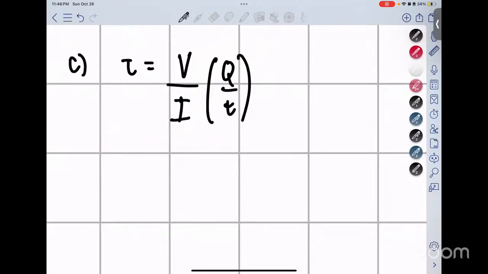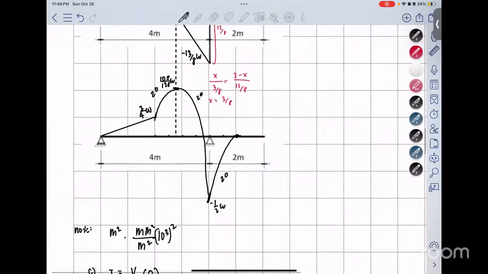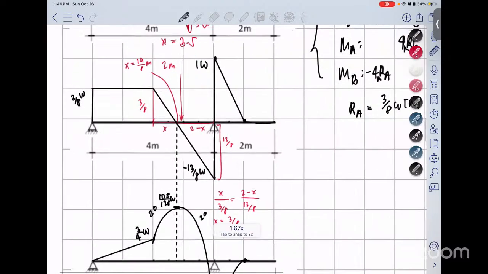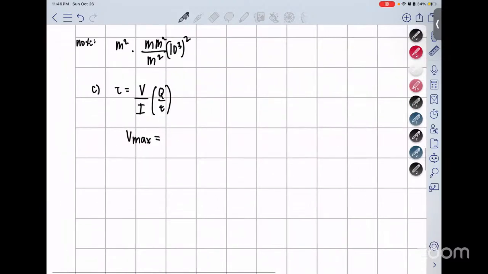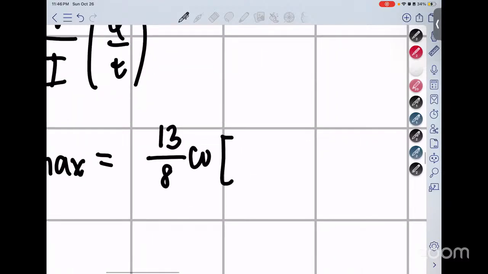So specifically for tau max, we want to get V max. For shear, the direction doesn't matter. We just get the absolute value. In this case, that's 13/8 omega, so we're just getting the magnitude. Remember that there are carried over units of meters squared for multiplication later.